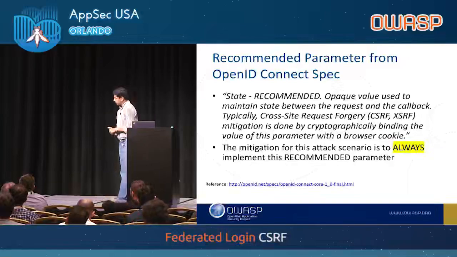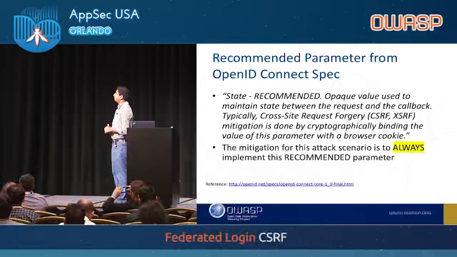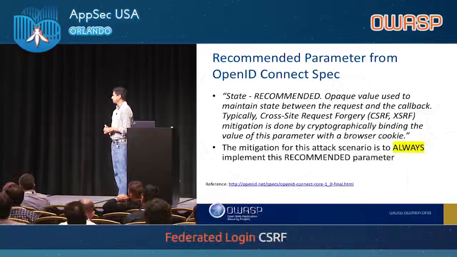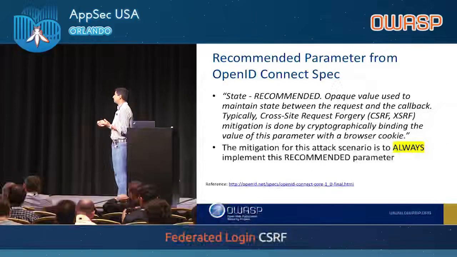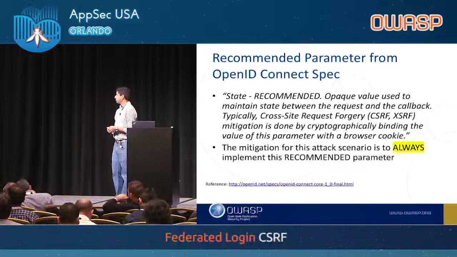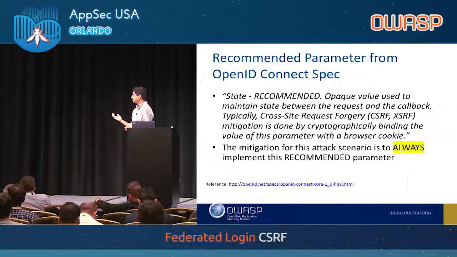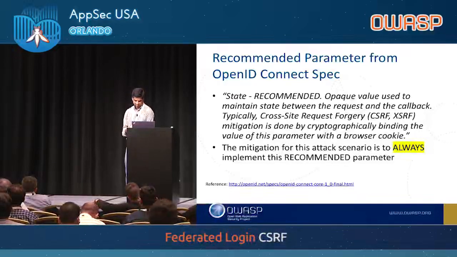Again, as with the OAuth spec, the OpenID Connect spec also mentions a state parameter, which is explicitly called out as a protection against CSRF or XSRF to mitigate these issues. But again, because it is a recommended parameter and not a required parameter, I've seen implementations where this is not used correctly. So you should always check for state, the key takeaway.